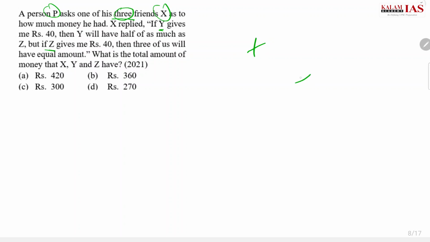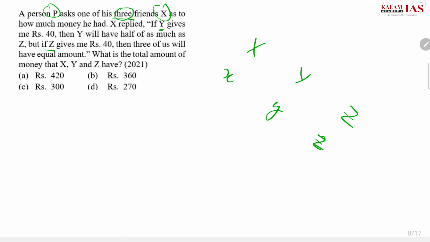X replied, suppose we assume the money with X is X. If Y gives me rupees 40, then Y will have half as much as Z. Suppose these three have X, Y and Z amount of money.